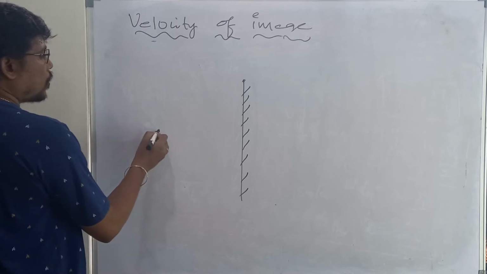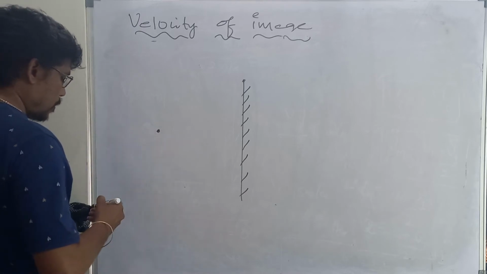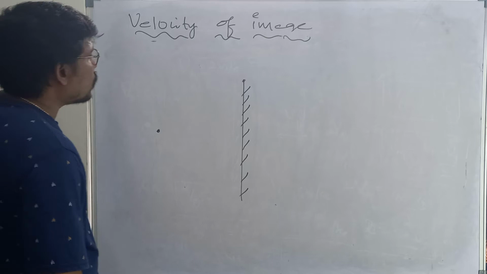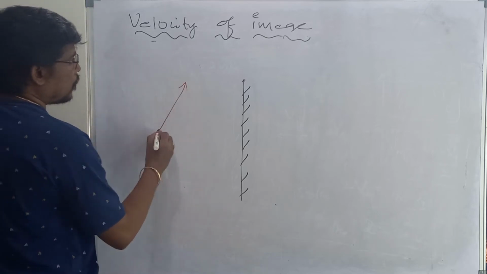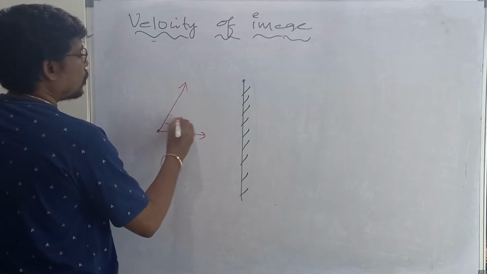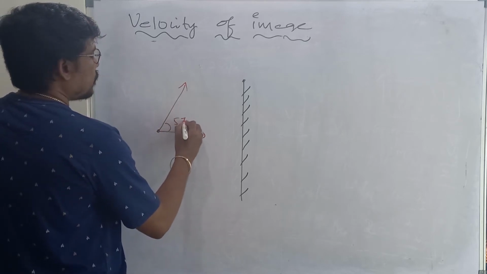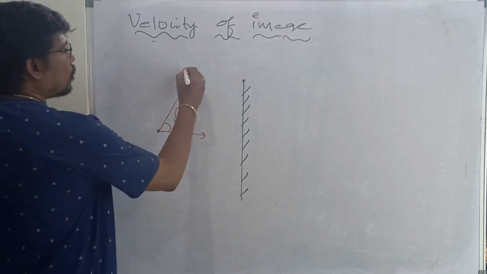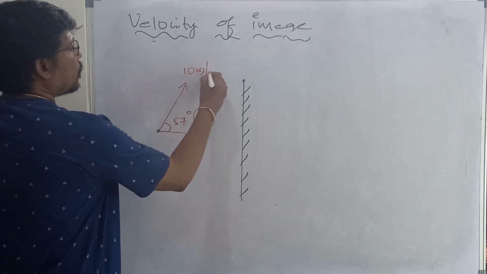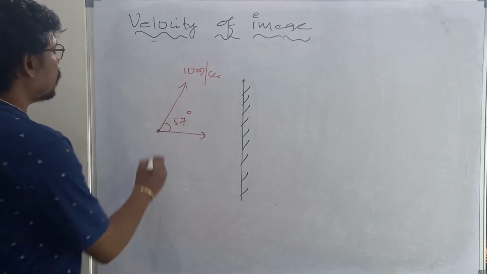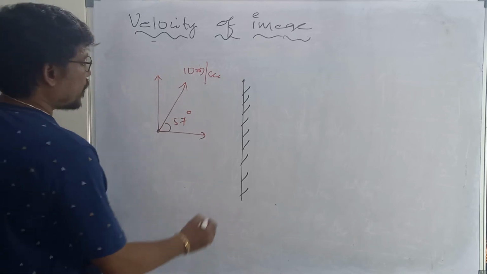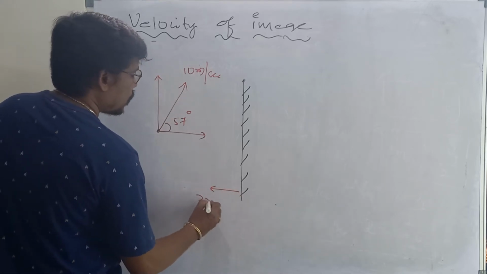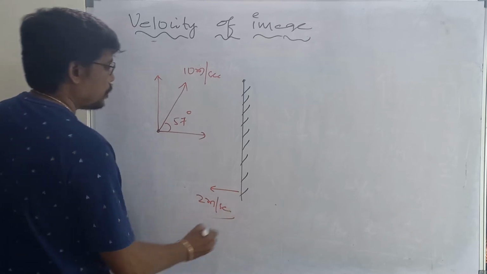Now the object moves at an angle of 57 degrees with a velocity of 10 meter per second. This mirror is also moving with a velocity of 2 meter per second.